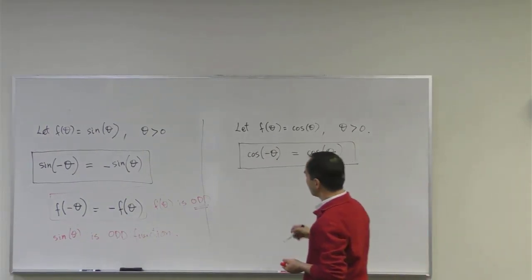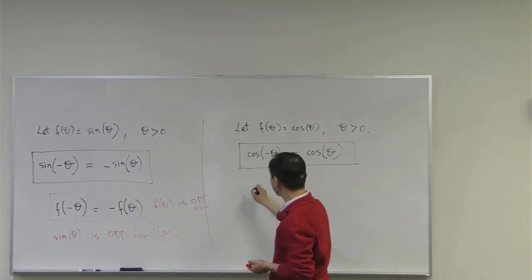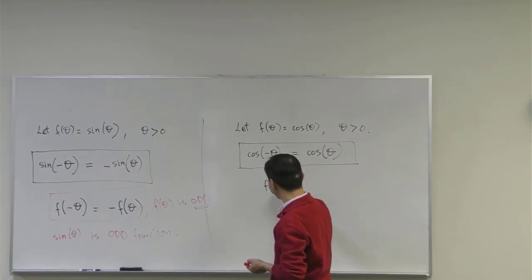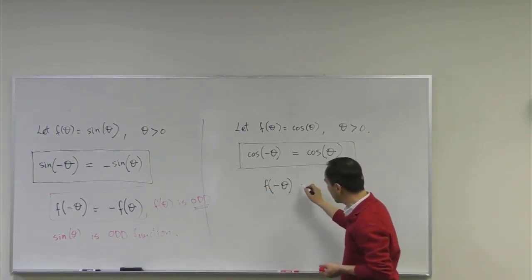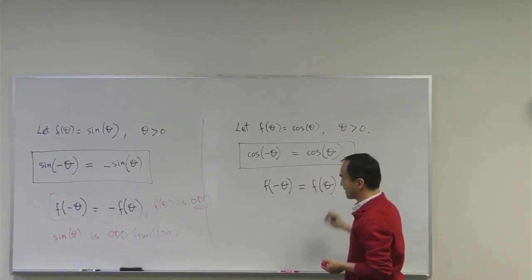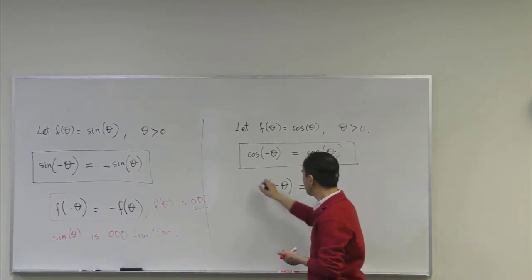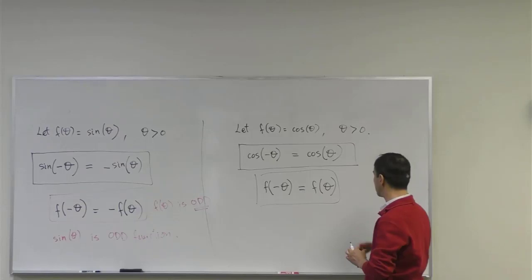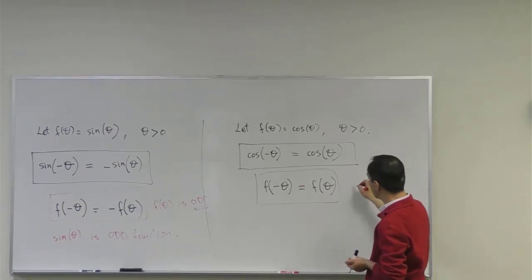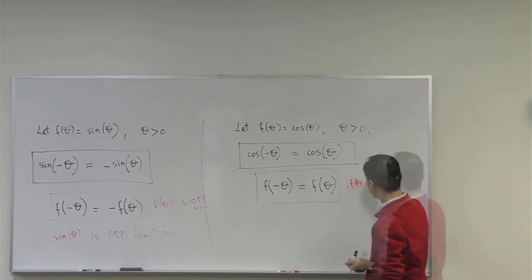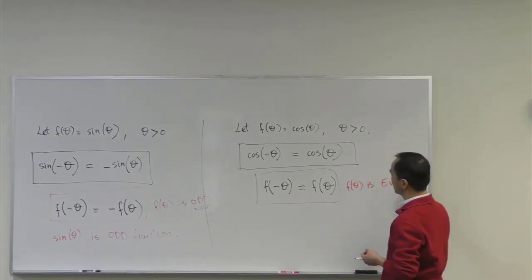That implies a further observation: for our function, we fell right into that case where the function evaluated at the negative input equals the function at the positive input itself. And so from those observations, from our past understanding from pre-calculus 1, we can see that f of theta in this case is an even function.